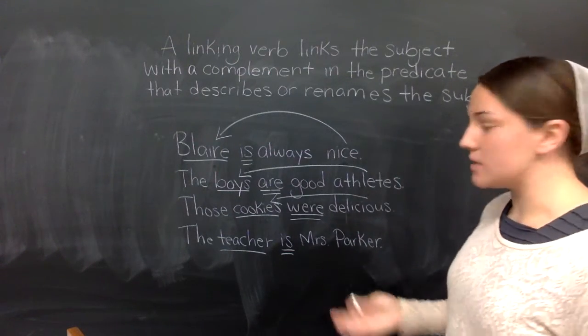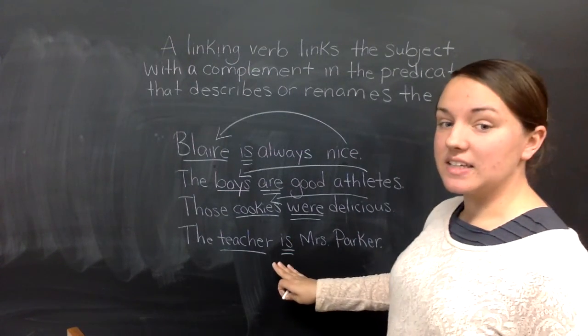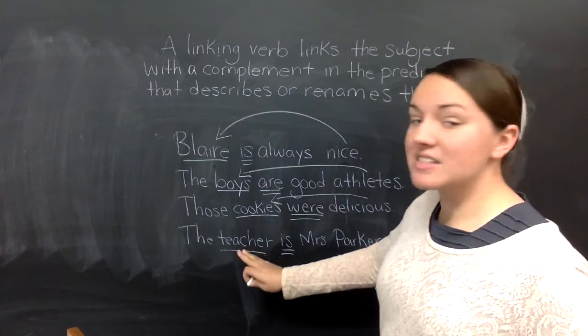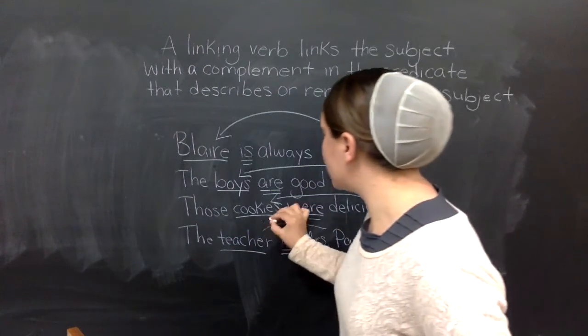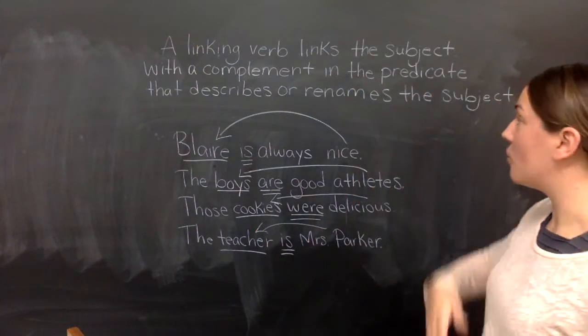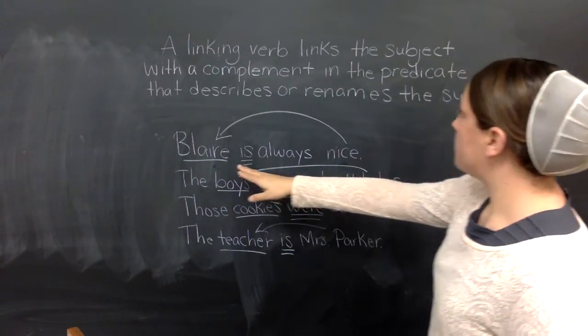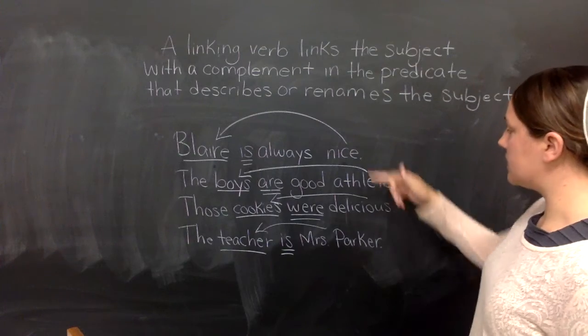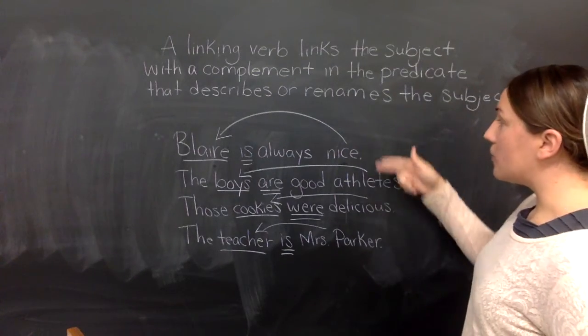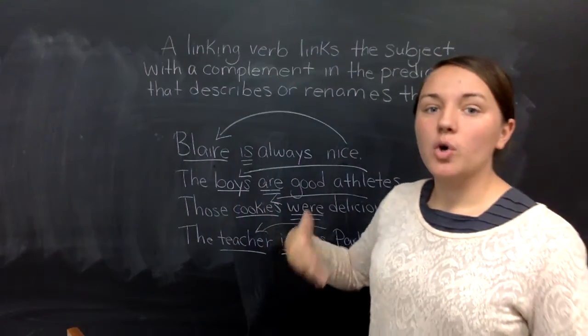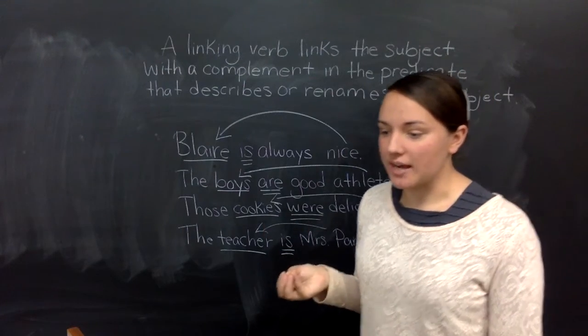The teacher is Mrs. Parker. This is a linking verb because it is linking the subject with a word that is renaming our subject. So we can see linking verbs link the subject with complements. These are the complements in the predicate that are renaming or describing the subject.